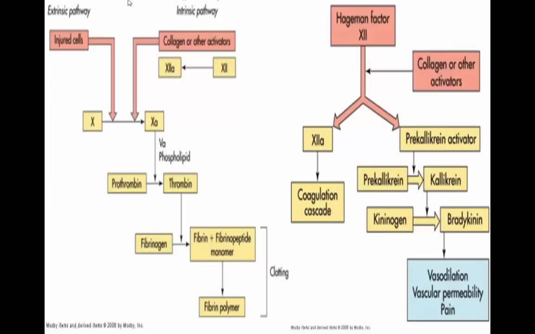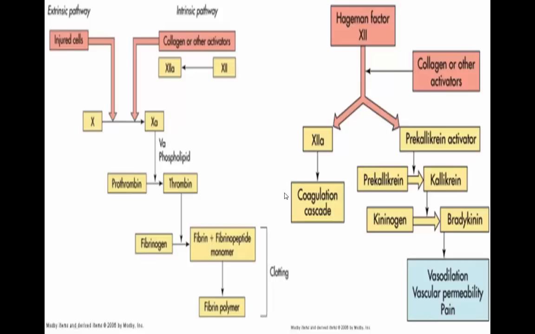If you look here, we have the extrinsic pathway and the intrinsic pathway of the coagulation cascade. If you look carefully, all of them will end into factor 10 to 10A, activated. There is activation of prothrombin to thrombin for the production of fibrin. Fibrin is the end byproduct of the coagulation cascade.